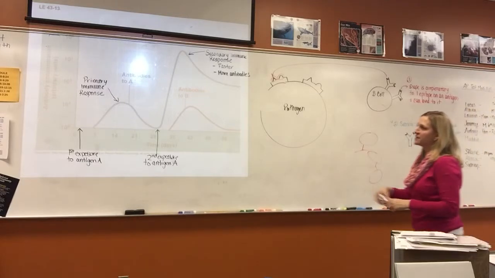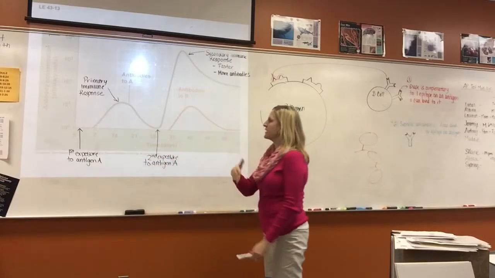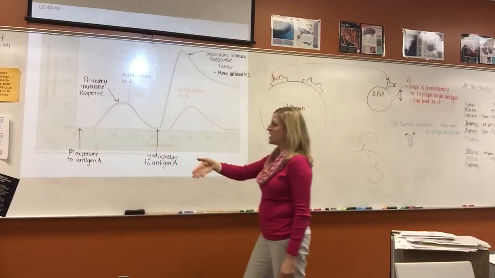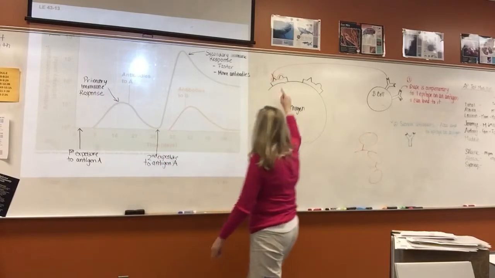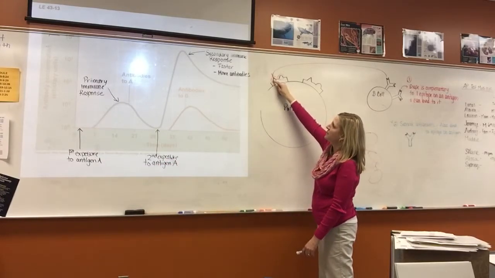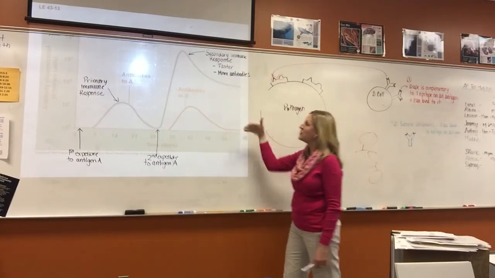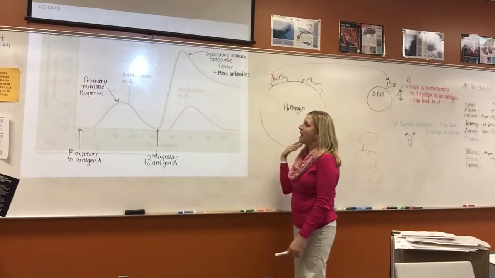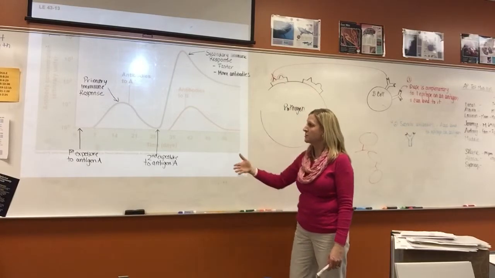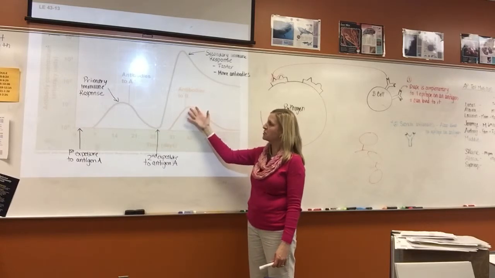Yeah, so when it says antibodies to B, this is a different antigen. As Katie said, let's say this is an antigen on the surface of a bacteria. This bacteria mutates, it could affect the antigens on the surface of it and therefore change them. And if you have a different antigen, then your immune system recognizes it and you'll have another primary immune response.